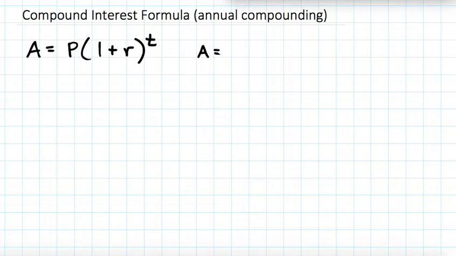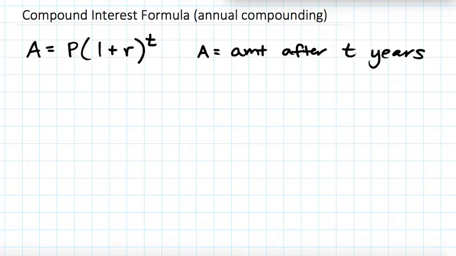A is the amount in the account after t years. P is your starting amount, your original amount, or the amount invested. Principal is what P stands for.